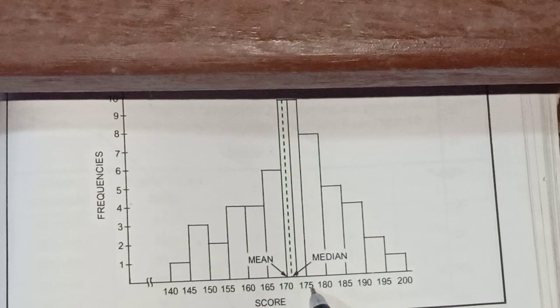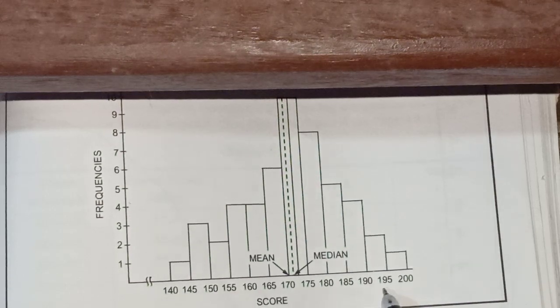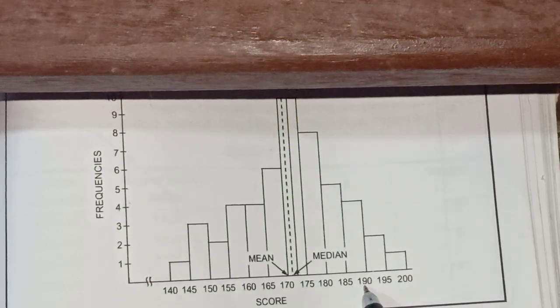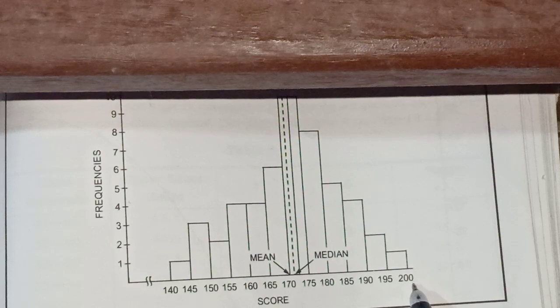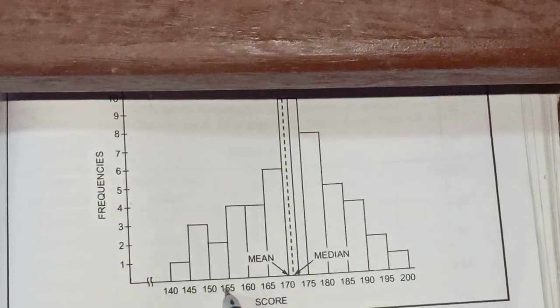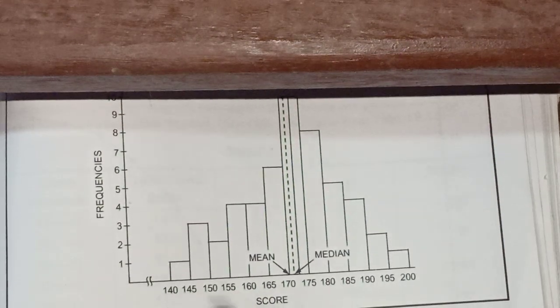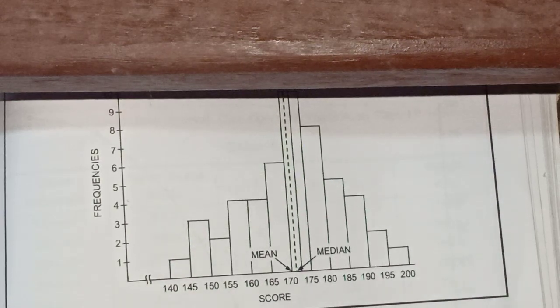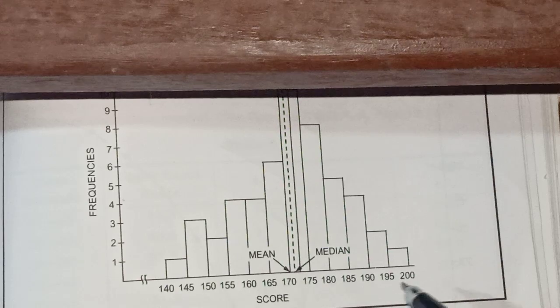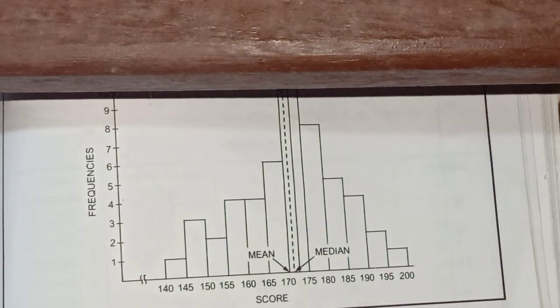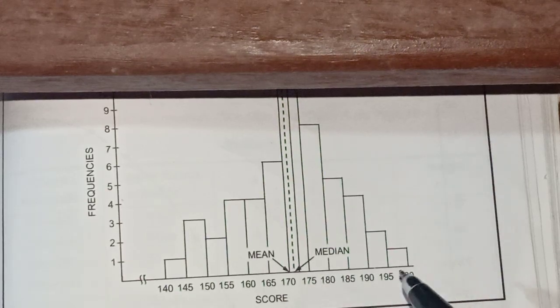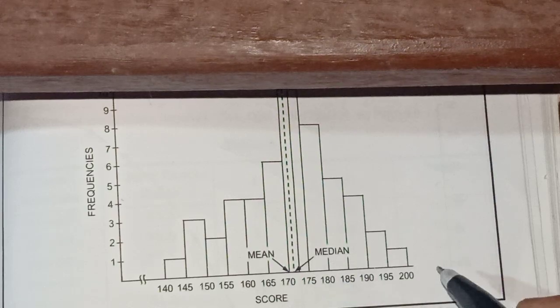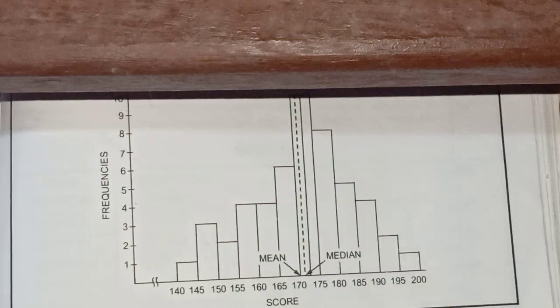Here look, 1 2 3 4 5, 1 2 3 4 5 6. 170 is the median here, because above it there are the same numbers and below it the same number, okay.